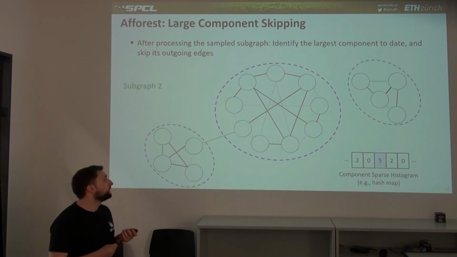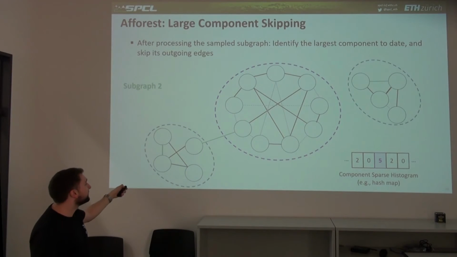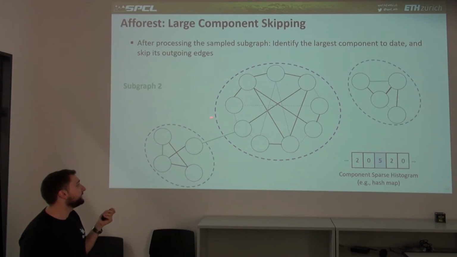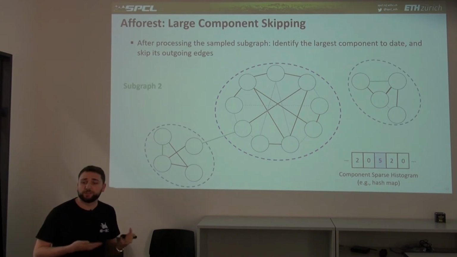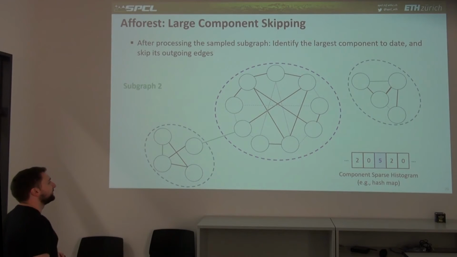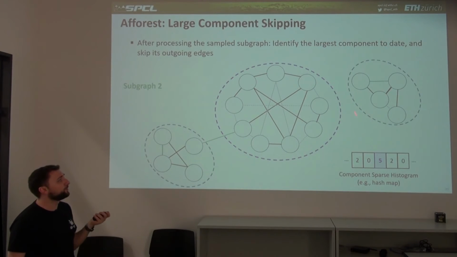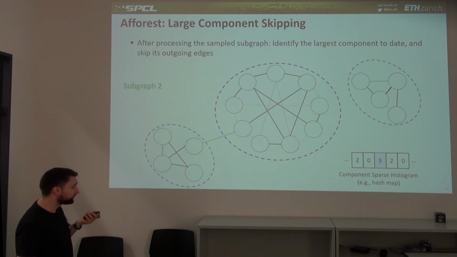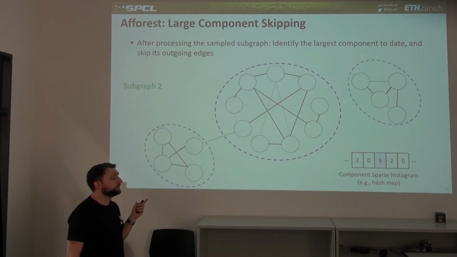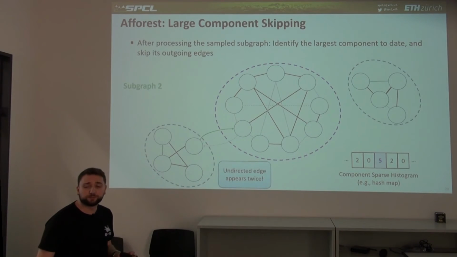Now, this is great for this largest component, but the problem remains with edges like this. What are we going to do with edges that connect this component to other components, which, again, should be connected? Because I said we sample the edge with the vertex, and because this is an undirected graph, the edge actually appears twice.